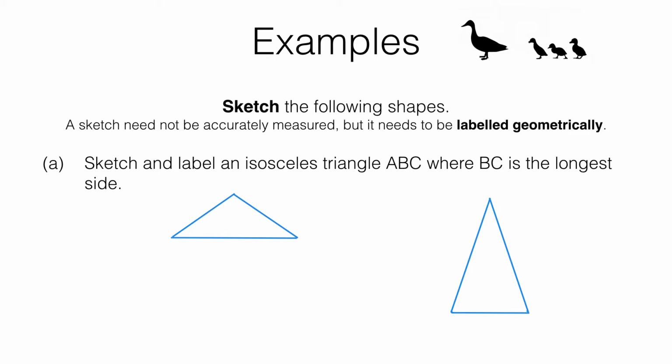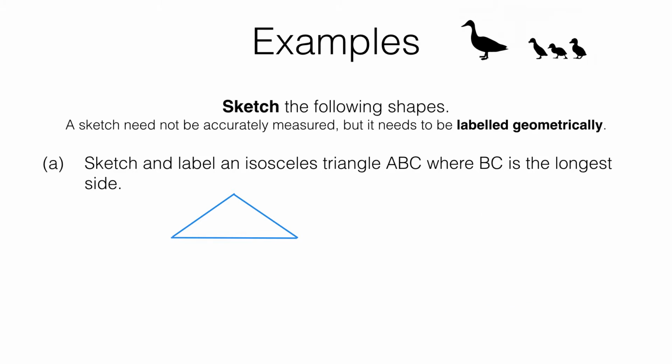So we want this first type of triangle because it has a longest side. We don't want this second type of triangle because it doesn't have a single longest side. It's got two equally longest sides. So let's get rid of this triangle over here.